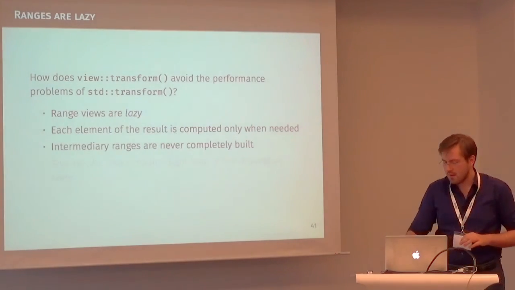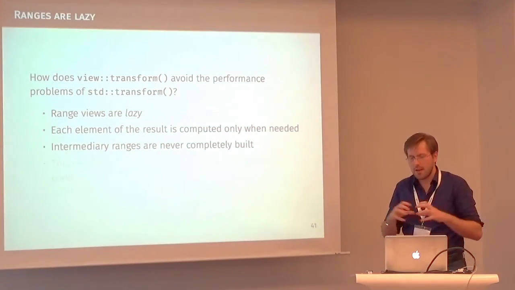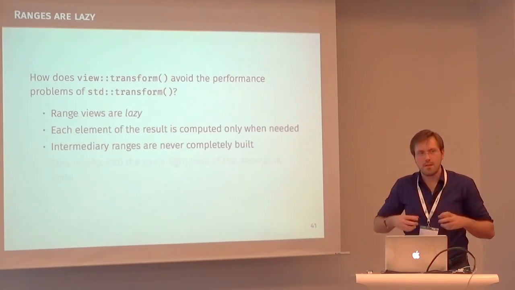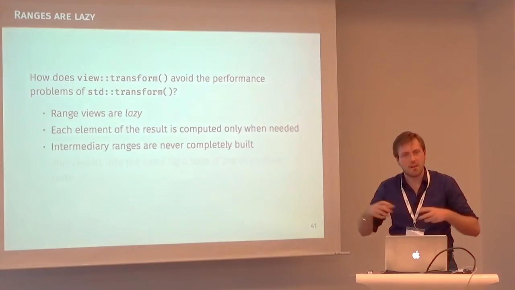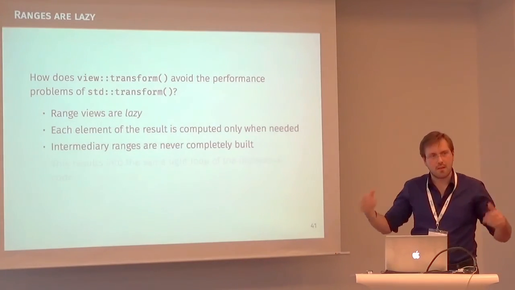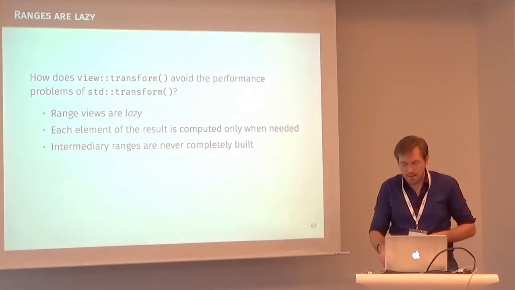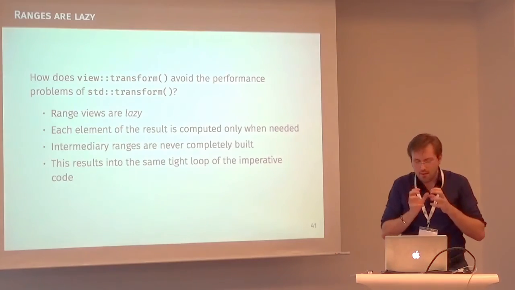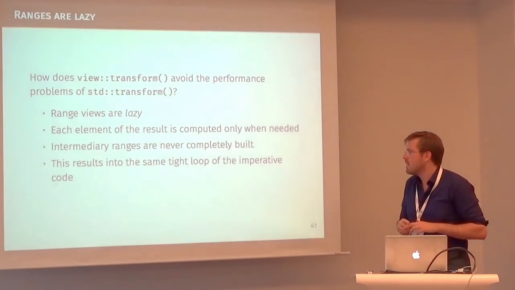You will not ever have a container or a temporary result in memory with the result of the second application of transform that is fed into the third application of transform, okay? The result is the same tight loop of the imperative code that I showed you earlier.